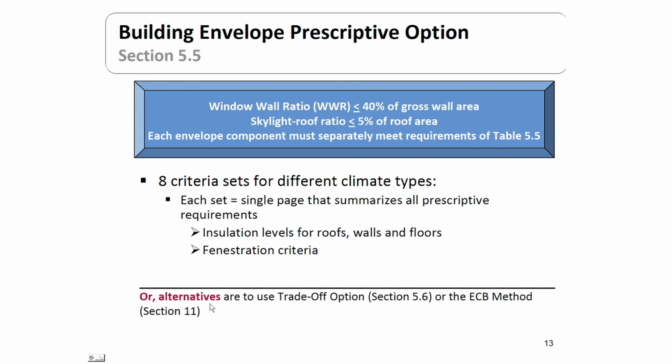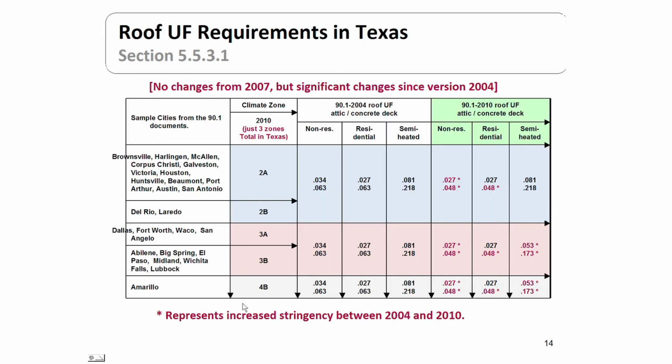You can also, as an alternative, use the trade-off option, which is described in section 5.6 of this particular section. Or you can go to the energy cost budget method, which is clear back in section 11 of the standard. Okay, this is what the roof view factor requirements are in Texas.